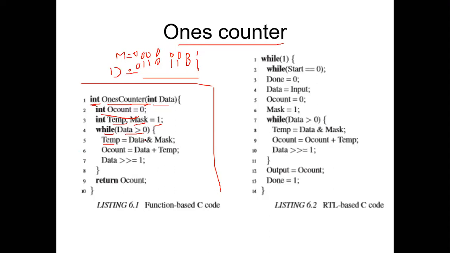We are doing the logical AND operation between the data and the mask. This is data and this is mask. Mask is 0 0 0 0 0 0 0 1 and this is the actual input data 0 1 1 0 1 1 0 1.